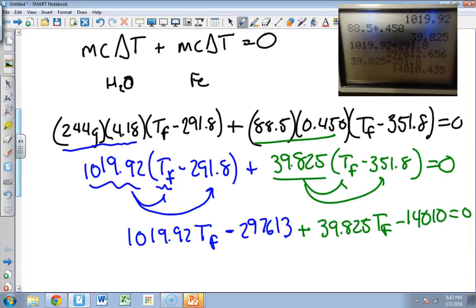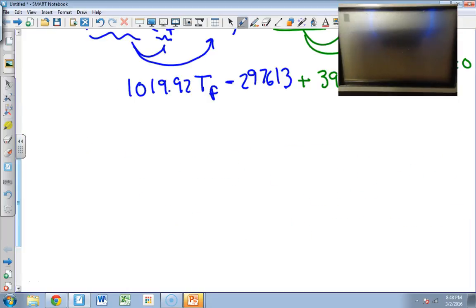Well, let's finish this up. One of the tricks that I was shown early on in my math career to make all of this combining easier, because we want to combine like terms, like we want to combine the TFs here.